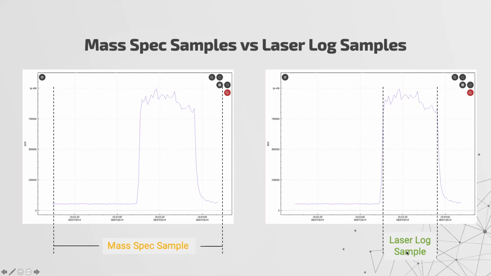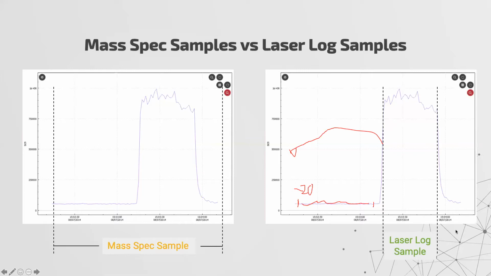The cool thing about laser log samples also is that you can actually move backward from the start time. So I'm just going to try and draw this in. So if we move back, if we put in a start crop of minus 20 seconds, we could go back, say here, and this is minus 20 seconds, excuse my drawing with the mouse, and we could say we want our selection to go for 18 seconds, so it would go from there to there, and then we've used this laser on period to actually select baseline, so select this period here.